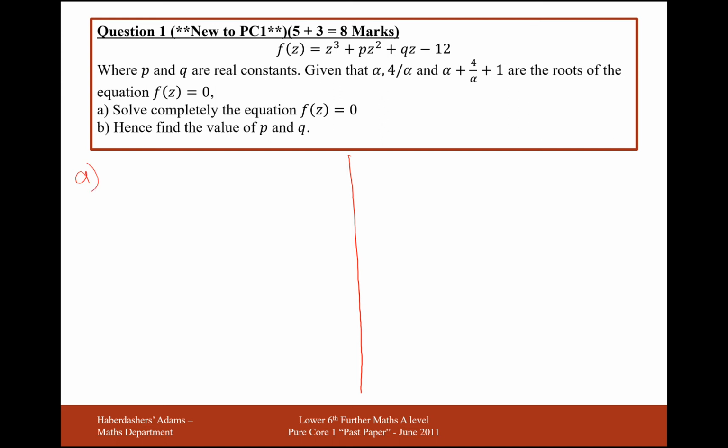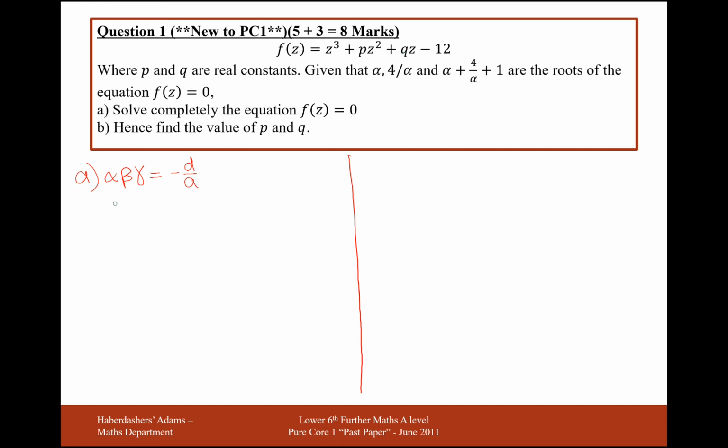I remember for cubics that if I multiply together all of my roots, alpha, beta and gamma, I get minus d over a. What do these letters refer to? Alpha, beta and gamma refer to the roots of the polynomial. D over a represent the coefficients: a in front of z cubed, b here, c here, and d at the end.